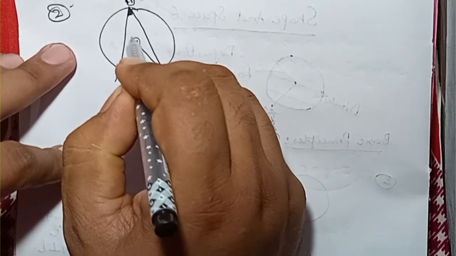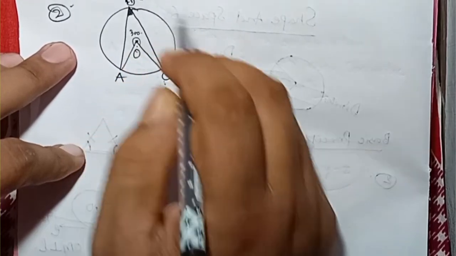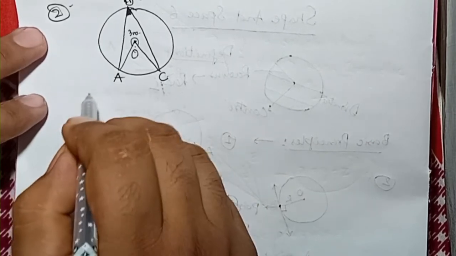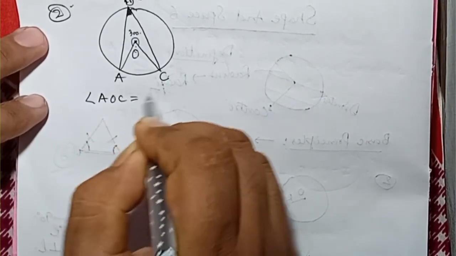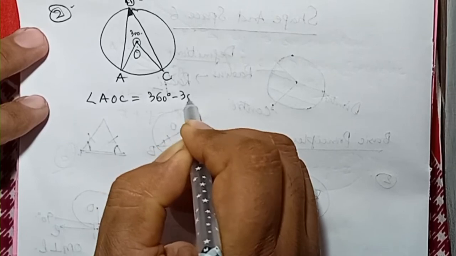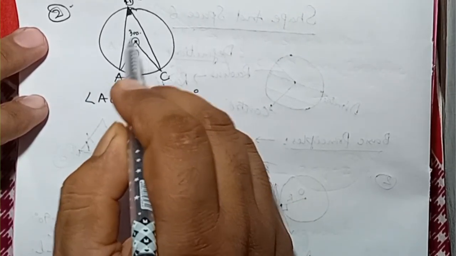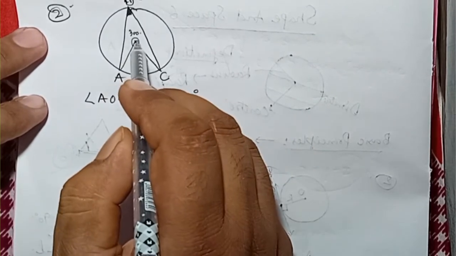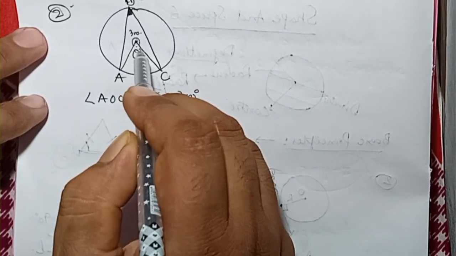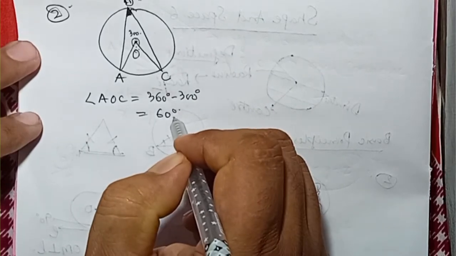This angle is 300 degrees. So we will first find angle AOC. Angle AOC is equal to 360 degrees minus 300 degrees, that is 60 degrees. How? Because angles around a point sum to 360. This portion is 300 and this will be 360 minus 300, that's only 60 degrees.